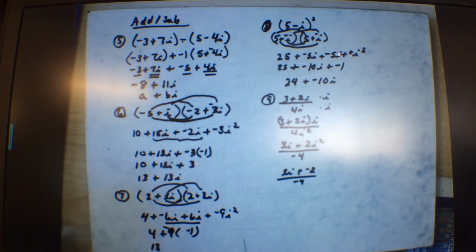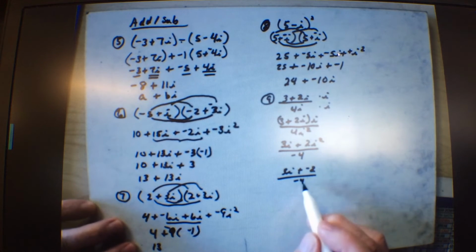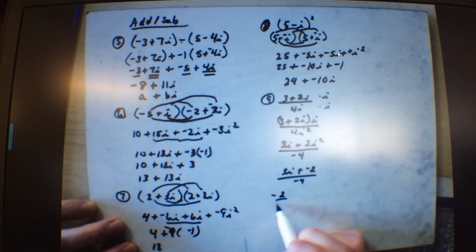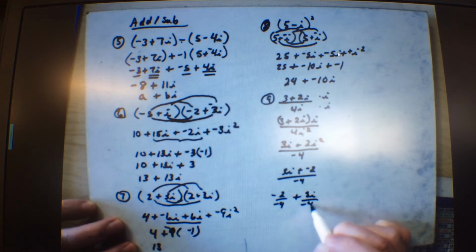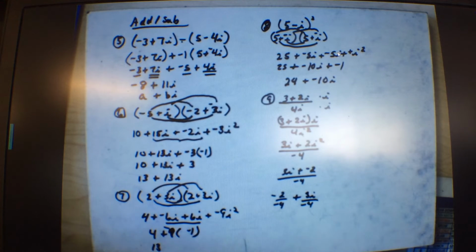Okay? Now here's the kicker. You do all that work, and this is not considered simplified yet, because remember, I told you that these have to be written in complex form, a plus bi. So the negative 2 over 4 has to go first, plus 3i over a negative 4. Now watch what happens.